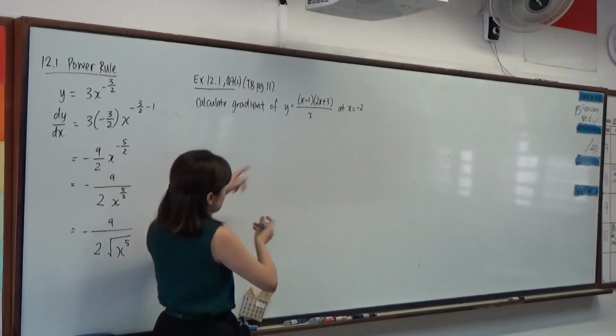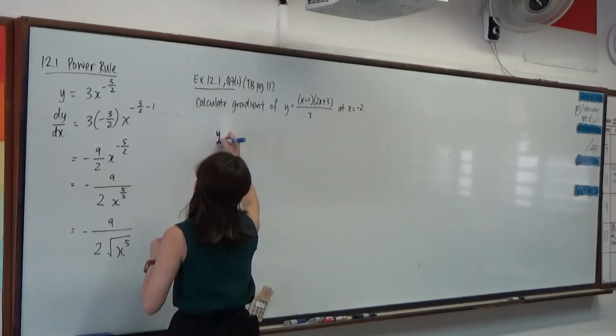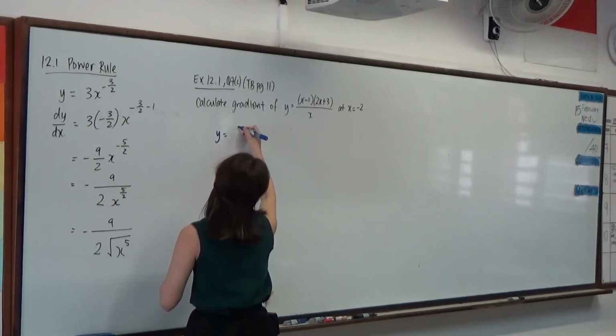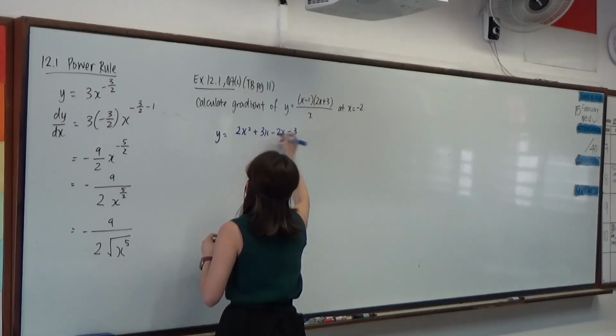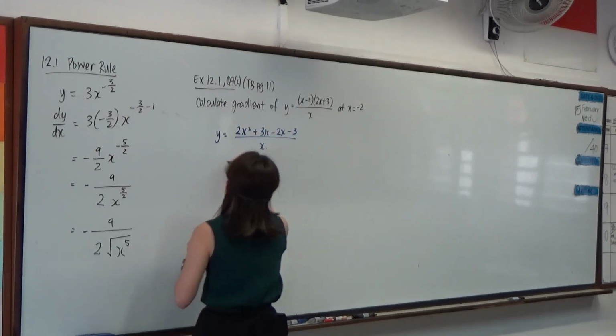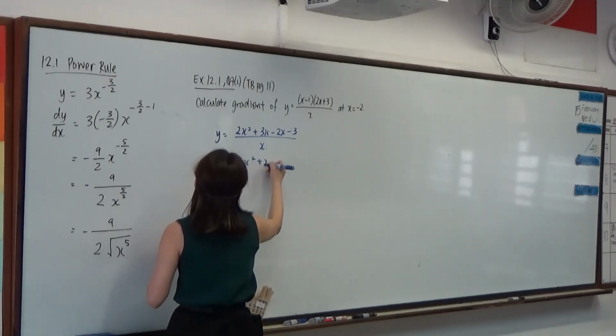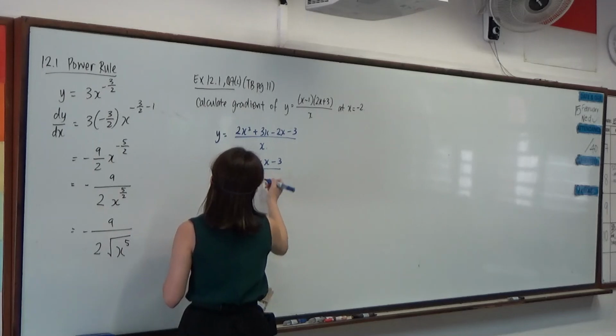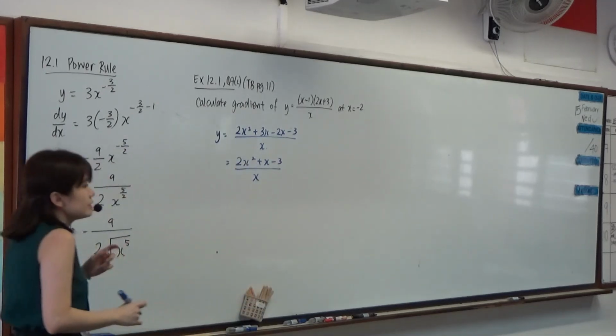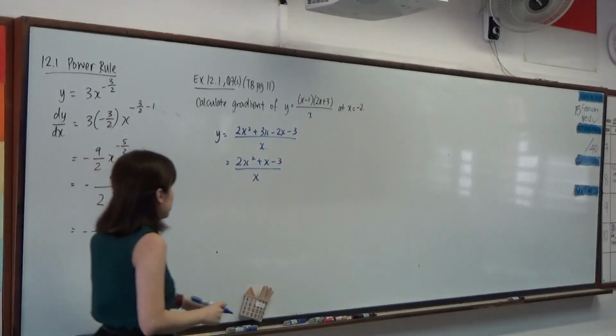Expand this one, great. So we expand this. The numerator we get 2x squared plus 3x minus 2x minus 3, over x. The numerator simplifies to this. Then what next? Expand already.